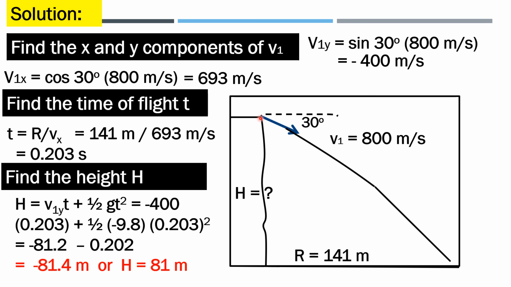So we consider the displacement below the top of the cliff to be negative, equals negative 81.4 meters. But since what we are looking for is a scalar quantity, the height of the cliff, we just remove the minus sign and conclude that the height of the cliff is therefore equal to 81 meters.